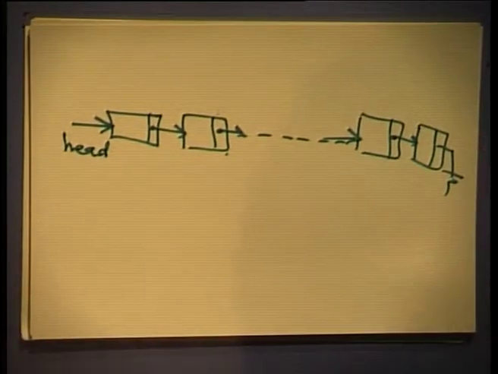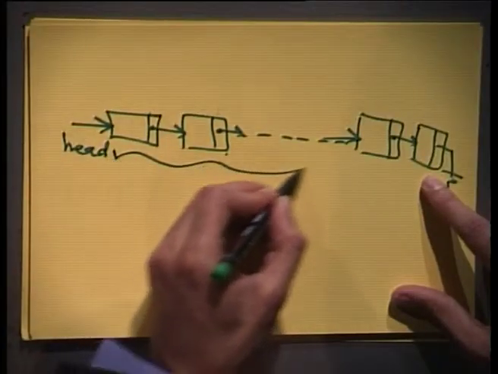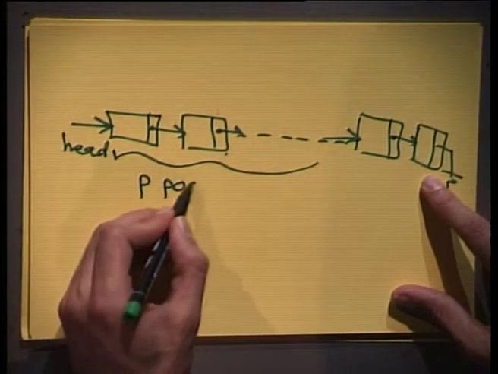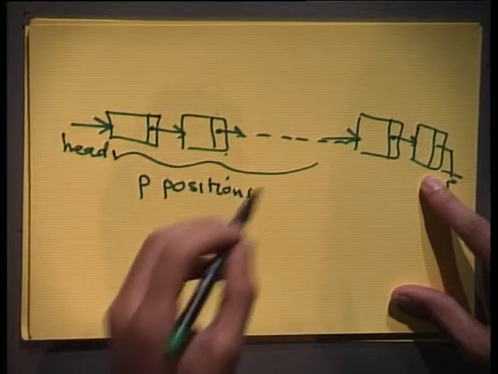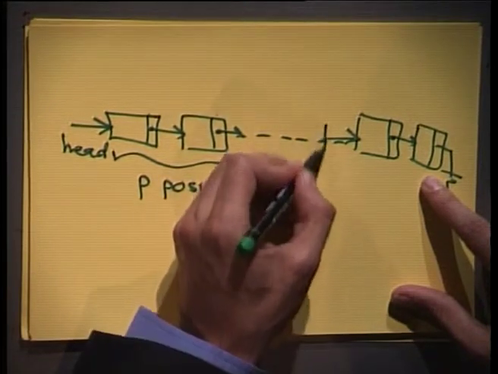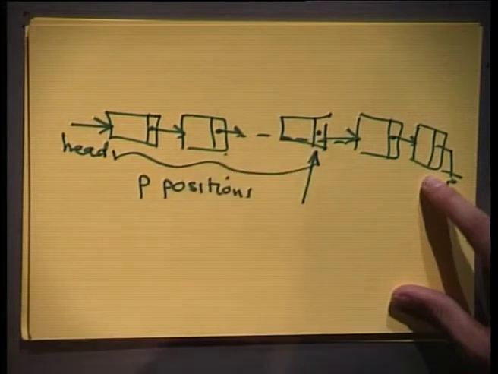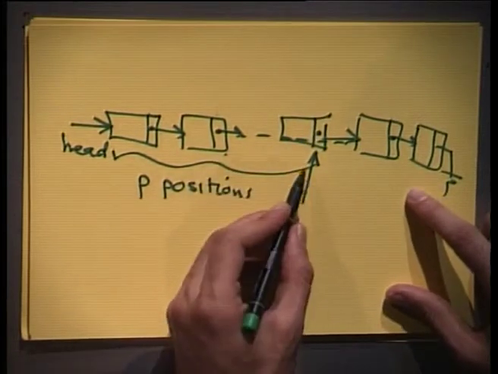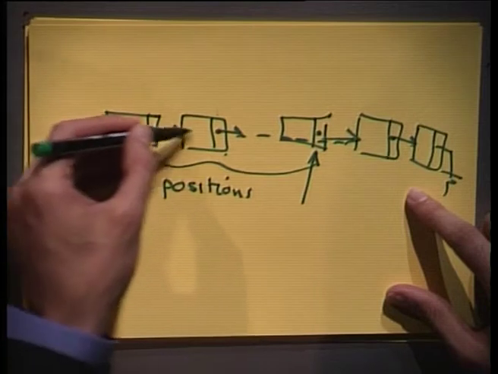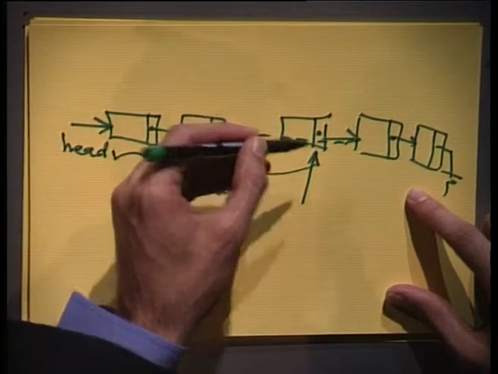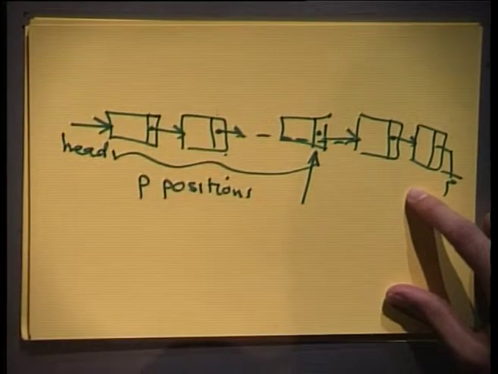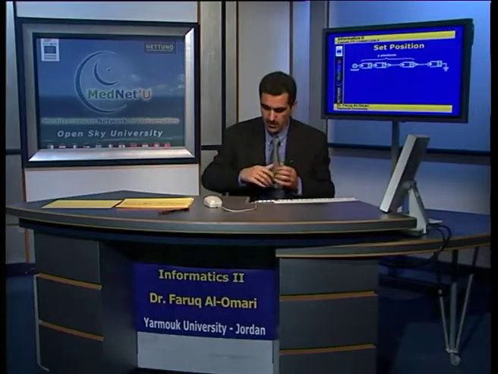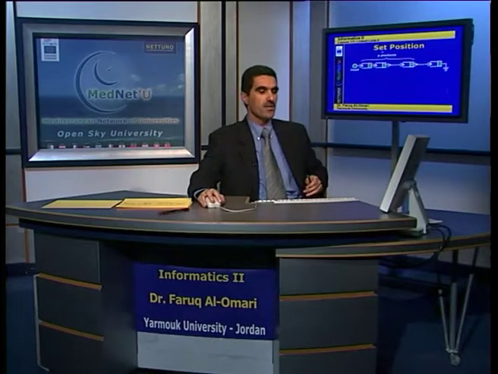And I would like, for whatever reason, to go forward P positions and access the node here. To get to this, I have to go through all of these nodes before it till I get to this point. And there is no way I can get to this position right away. So that's the goal of this function called set position.